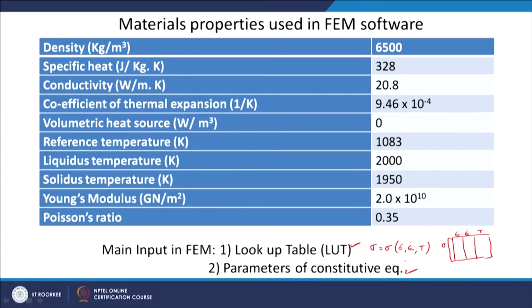Now, the output of the FEM simulation will depend heavily on the accuracy of the constitutive equation. That gives us confidence whether what we are proposing is good enough or not.